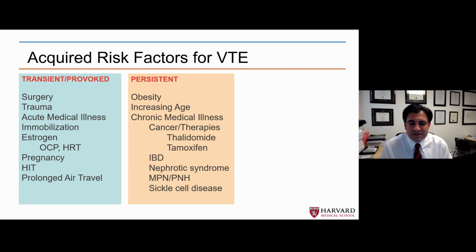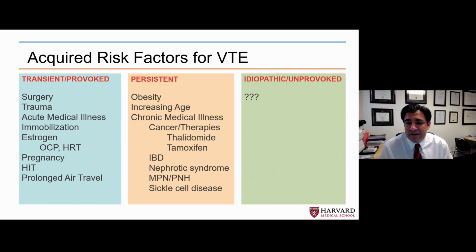Inflammatory bowel disease, nephrotic syndromes, and myeloproliferative disorders all have associated risks, and sickle cell disease does as well. And this is in contrast to the unprovoked VTE, in which there are probably contributing risk factors, but we haven't been able to identify the major risk factor that contributed to that specific event.